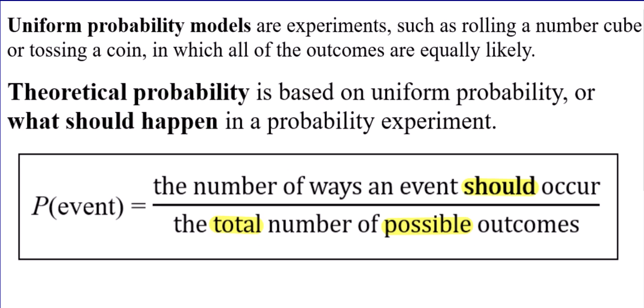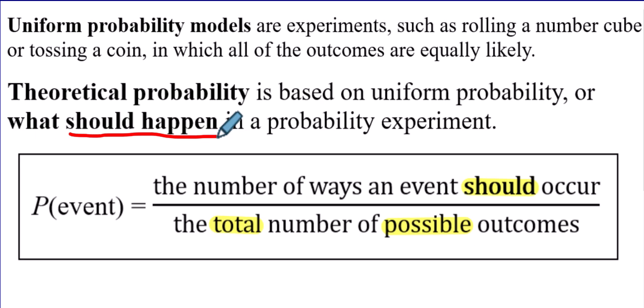Now, I want to underline the words should happen. Theoretical probability is not based on the same thing that a relative frequency is based on. It's not based on somebody's actual trials of doing an experiment over and over and over again and recording those results in a table. That would be relative frequency and experimental probability.